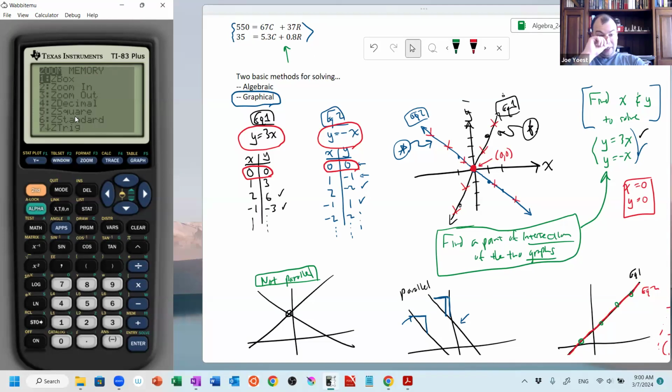What this is nice for is there's this zoom square here. So if I'm graphing something like, say, a circle, maybe in MAT090, if I graph it on a funky window, it's going to look more like an oval.